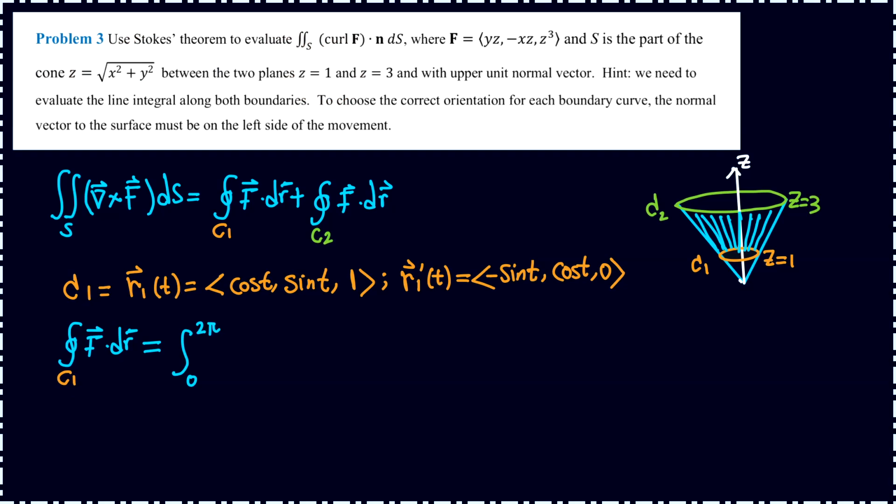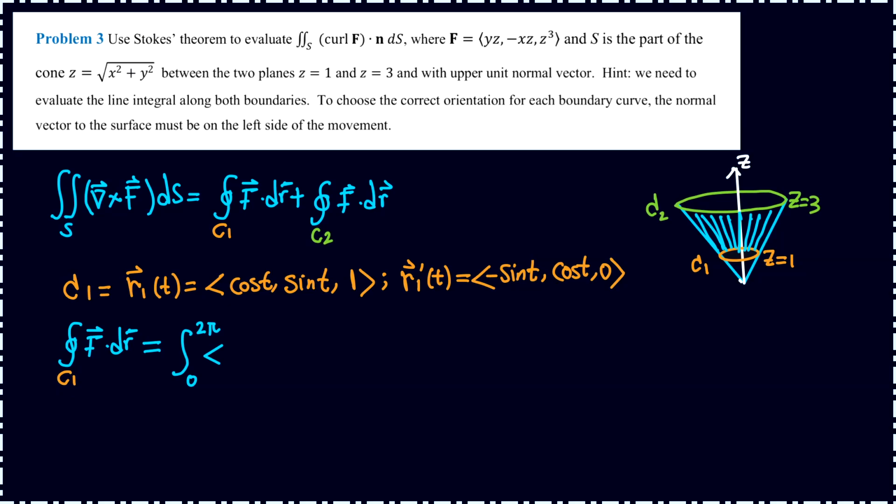Take your x, y, z and plug them into the x, y, z of the vector field. It is going to give you y times z.